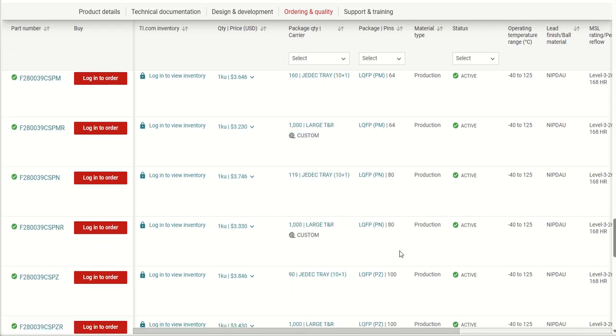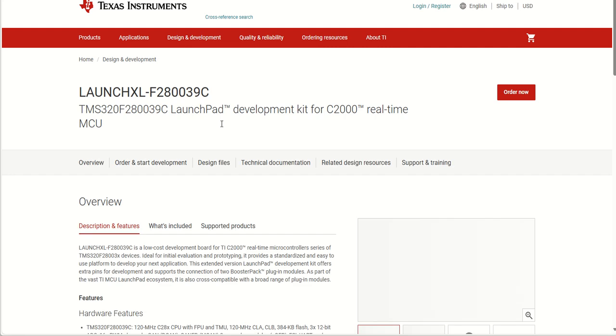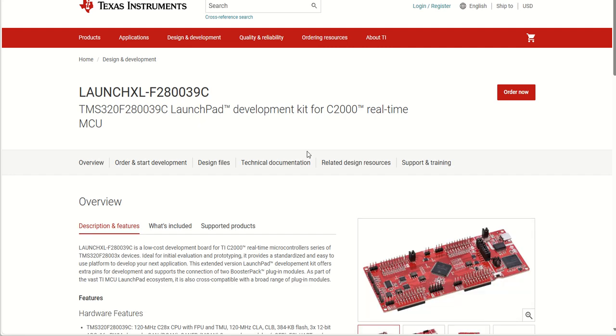The application we are giving you now is based on 64 pin, the F280039C SPM microcontroller with the 64-pin LQFP package. This is the LaunchPad from Texas Instruments for this series; however, the board has the 100-pin microcontroller onboard.